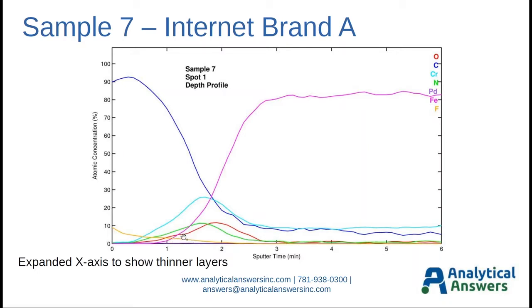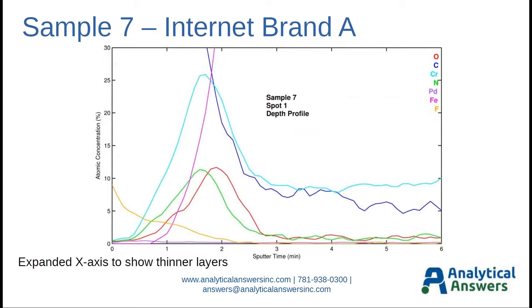So it was very well adhered. And then here we see there's a chromium layer on top of the stainless steel. And if we zoom in, we can see that there's a nitrogen peak, an appreciable one, followed by an oxygen peak. And so this is also a chrome nitride on chrome oxide coatings package on top of Internet brand A.